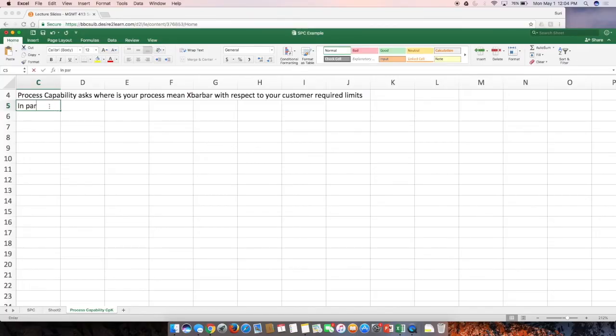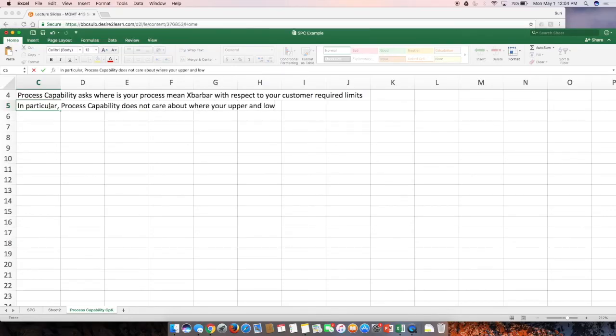In particular, process capability does not care about where your process limits are, your upper and lower control limits. In this case, for example, customers have specified an upper tolerance limit.